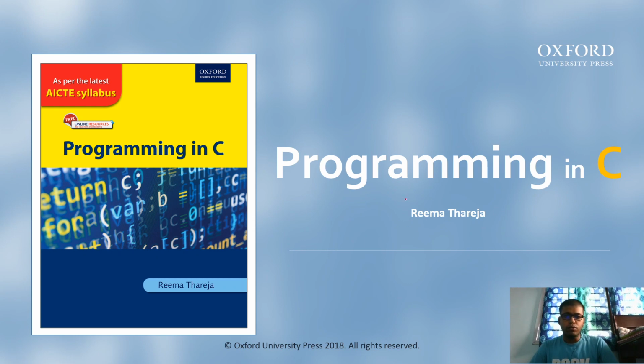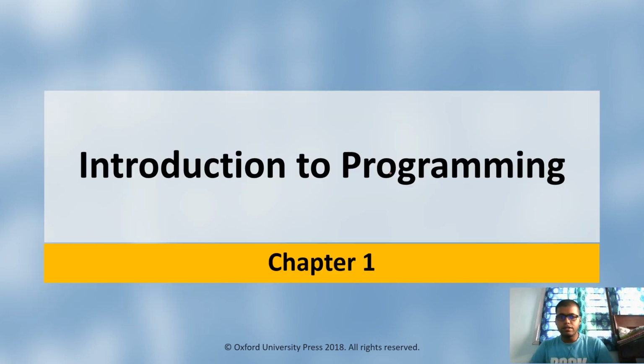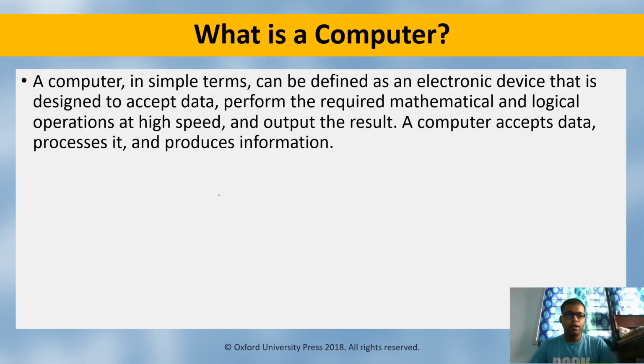Now the book is Programming in C by Rema Thareja, and this is chapter number 1, introduction to programming. For starting off with programming, we must know what a computer is. In simple terms, a computer can be defined as an electronic device designed to accept data, perform the required mathematical and logical operations at high speed, and output the result.